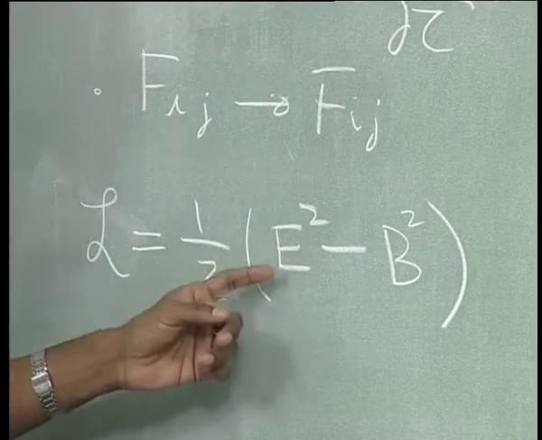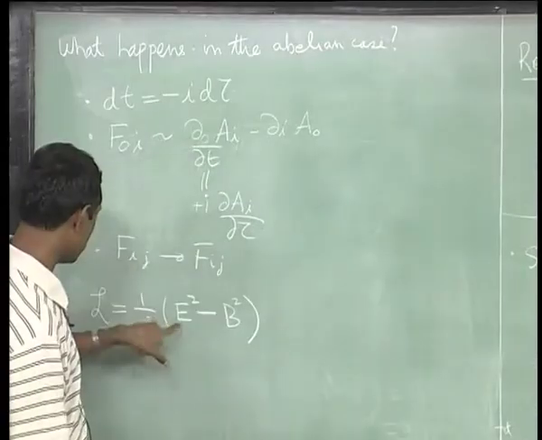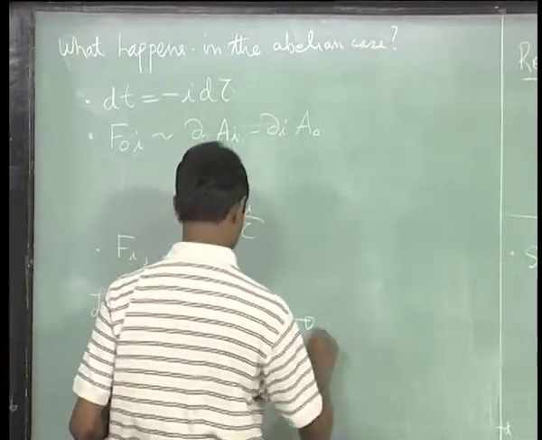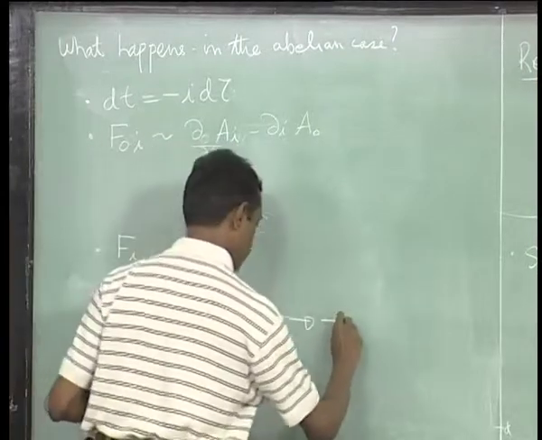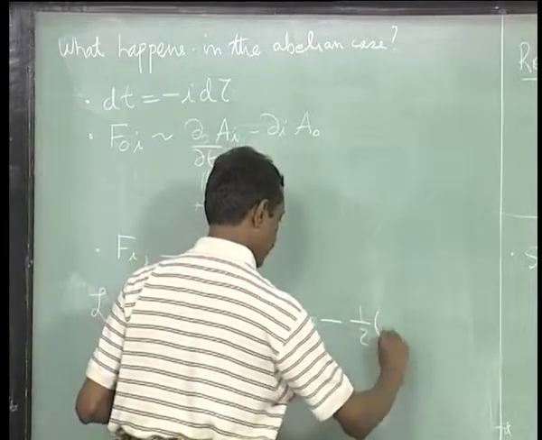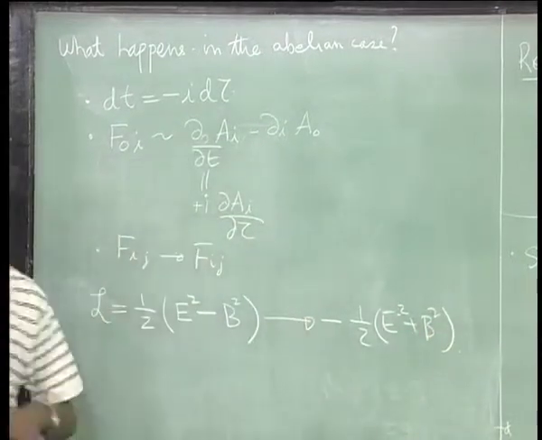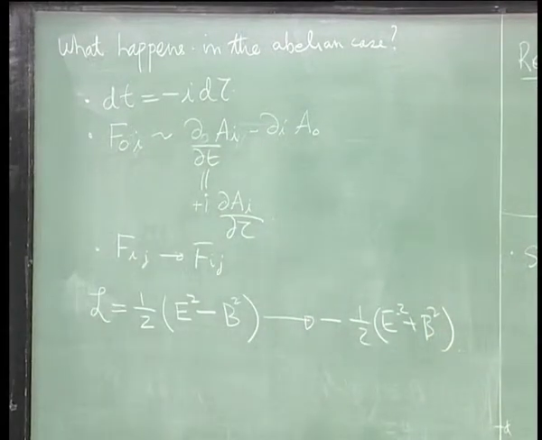And so now you can see that under the Wick rotation, this changes sign, so it becomes overall minus half of E square plus B square, okay.